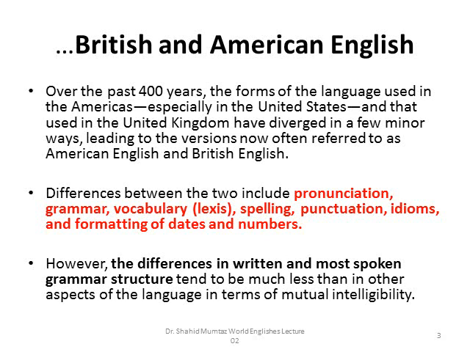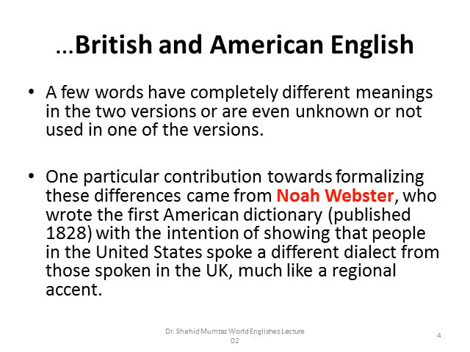So the language of a British speaker is intelligible for an American speaker and vice versa. However, a few words have completely different meanings in the two versions, or are even unknown or not used in one of the versions.